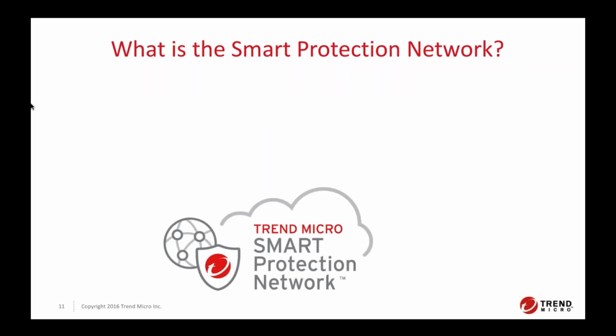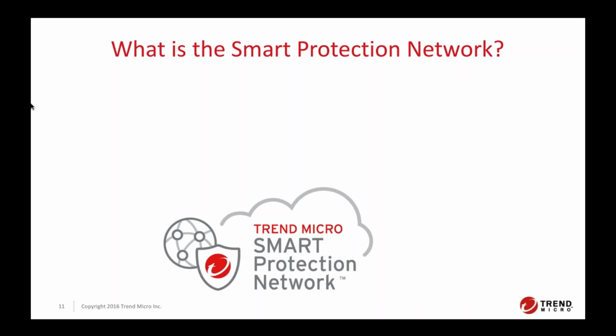So a little bit about the Smart Protection Network. What actually is it? Our Smart Protection Network is pretty much the brain of Trend Micro. Every single piece of our technology talks to the Smart Protection Network.